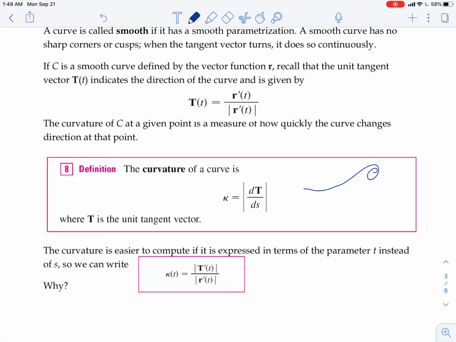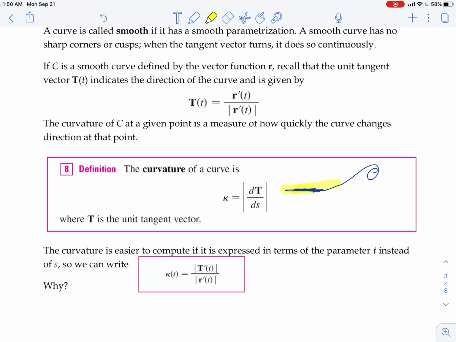If we had a curve, say, that looks something like this. I wanted to draw this just a little bit straighter. So there we go. Here, our tangent vector, when we're going right here, it's not very curvy at all. So our tangent vector is not really changing a whole lot.